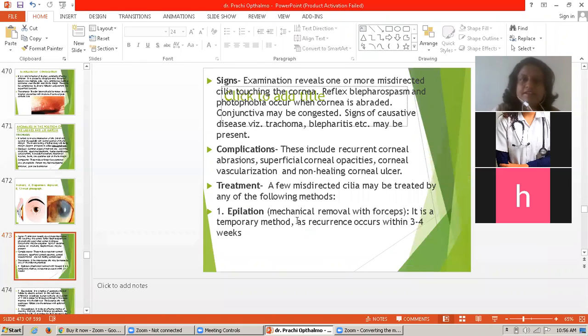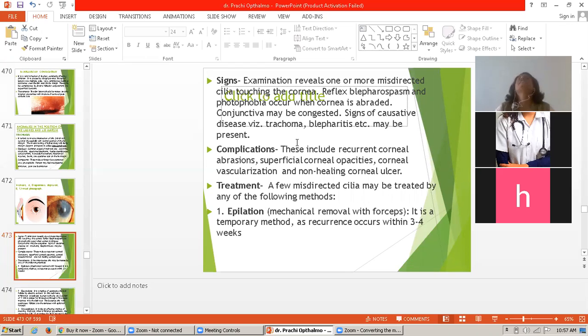Signs of trichiasis: examination reveals one or more misdirected cilia touching the cornea, and reflex blepharospasm and photophobia occur when the cornea is affected. The conjunctiva may be congested, and signs of causative diseases, that is trachoma, blepharitis, etc., may be present.